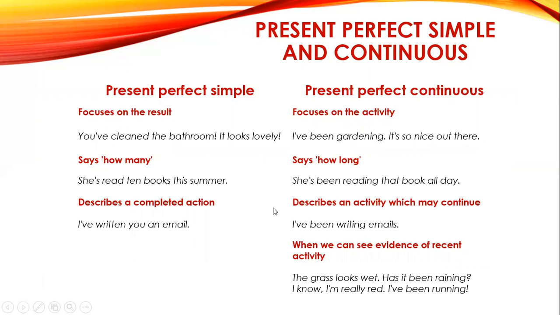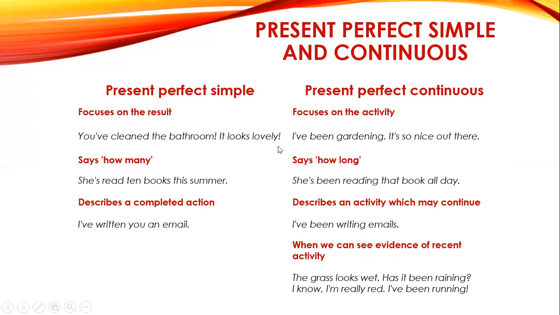So here we have a chart in which you can analyze how the present perfect simple and the present perfect continuous work. For example, as I said, the present perfect simple focuses on the result. So you have cleaned the bathroom. It looks lovely.